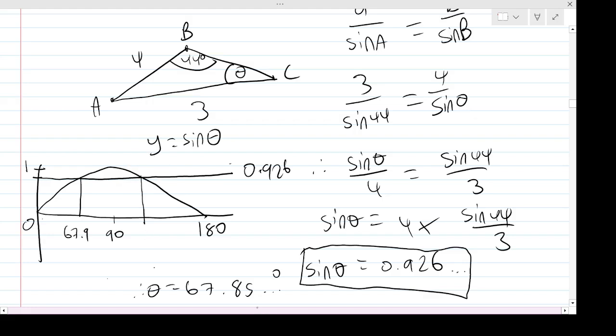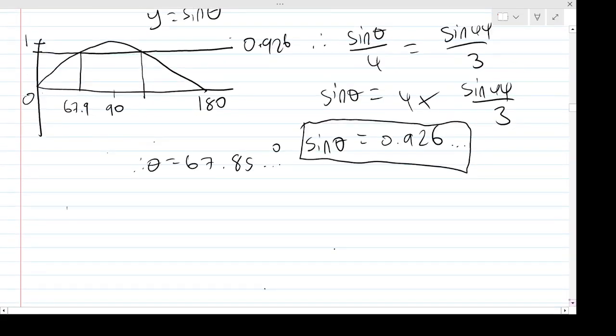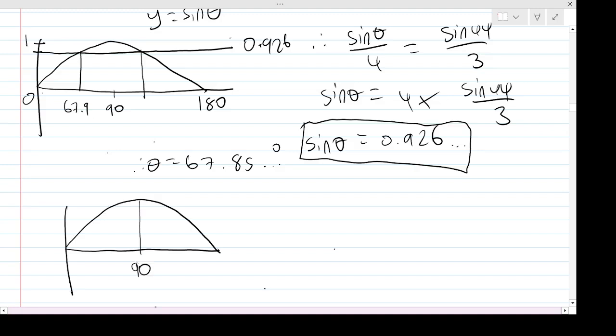Well, what we notice with the graph again, if I redraw the graph again, just without all the numbers annotated onto it, say there. Well, hopefully you notice it. Obviously, the middle point is 90, but actually the curve is symmetrical, right?